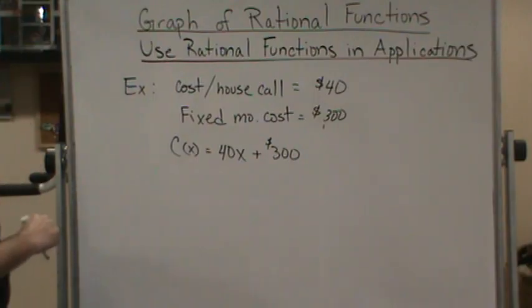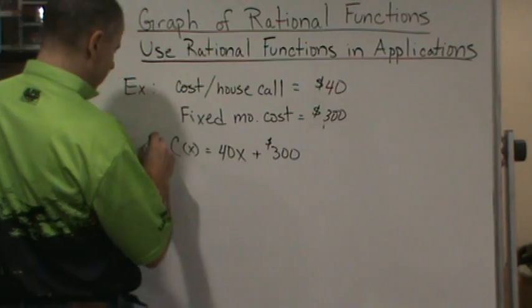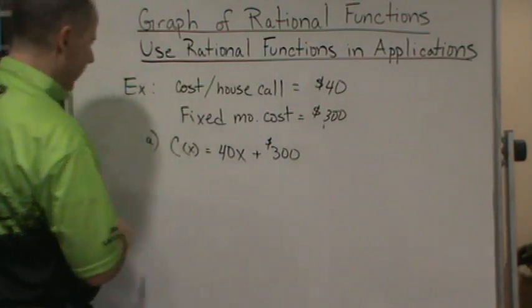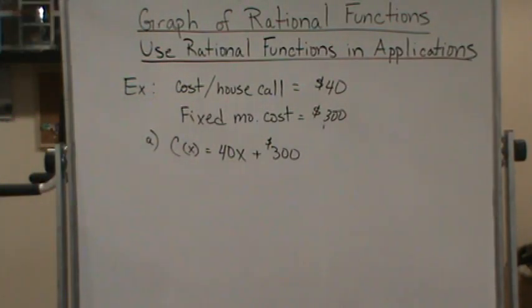Okay, so this would be the cost function, so that's part A, right? And it's in dollars for X house calls per month.